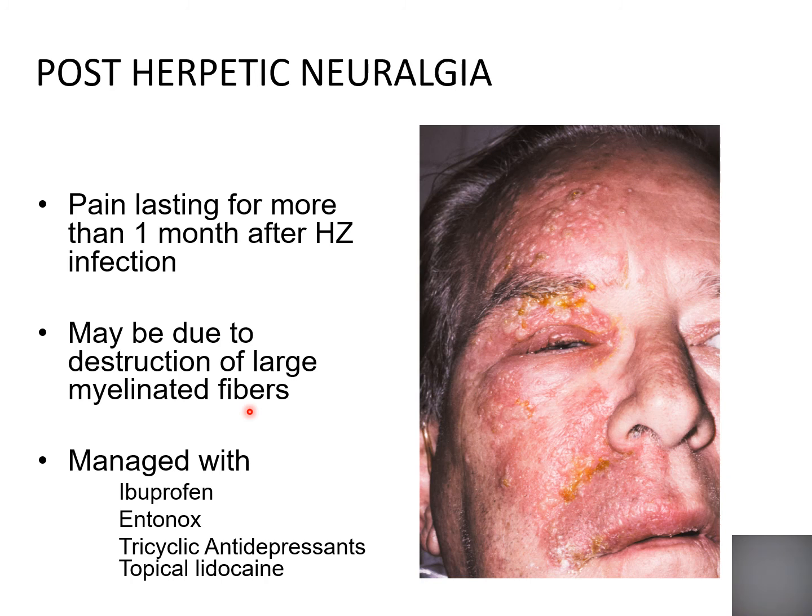It's usually managed with a combination of drugs including ibuprofen, tricyclic antidepressants such as amitriptyline, nortriptyline, or topical application of lidocaine. And short-term acute episodes may also be managed with Entonox or nitrous oxide.